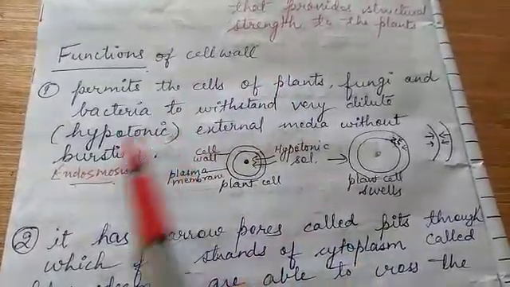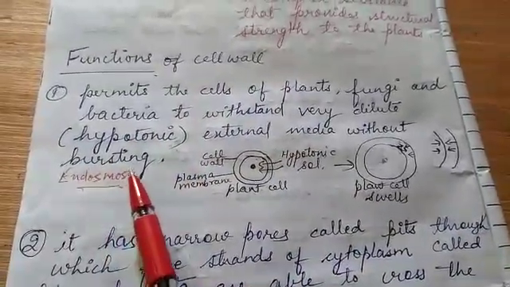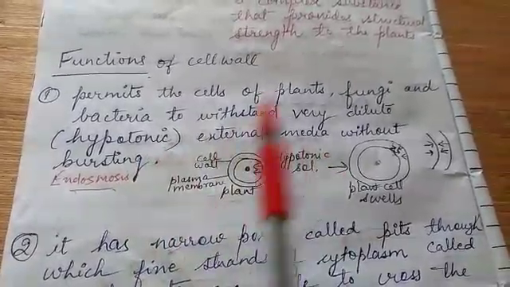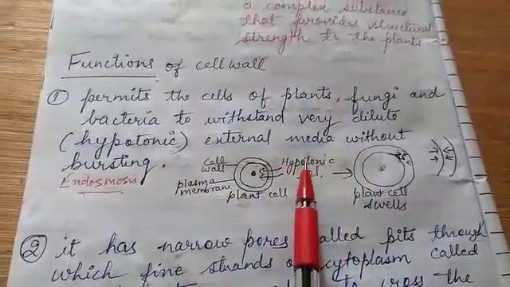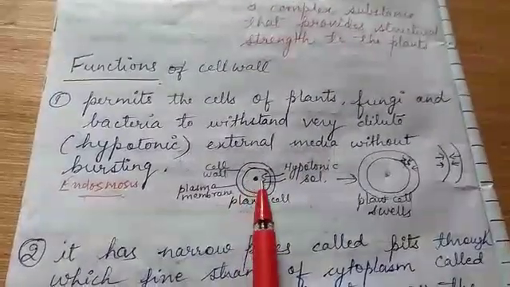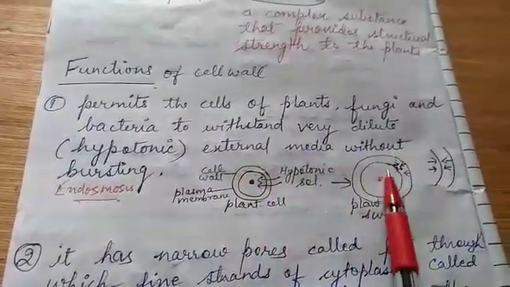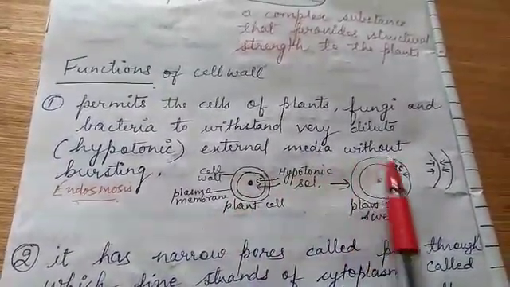As you know, at the time of endosmosis, when the outer medium is hypotonic, water moves inside the cell and the plant cell swells up.